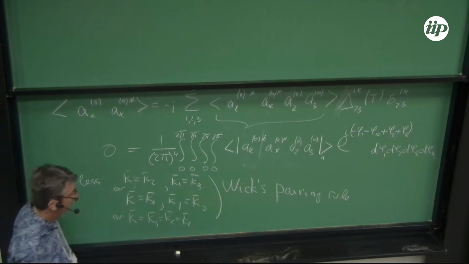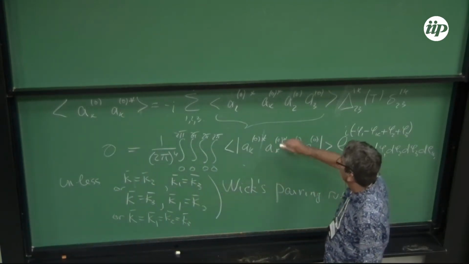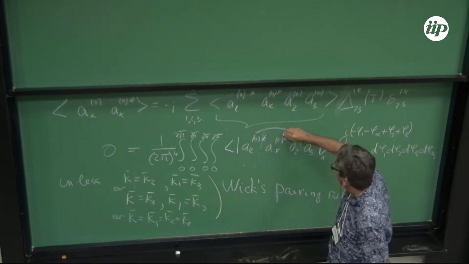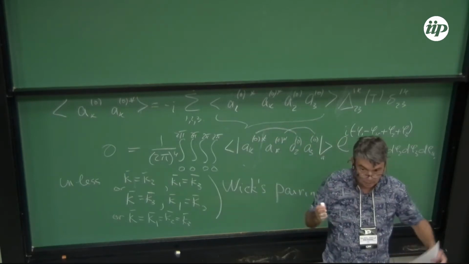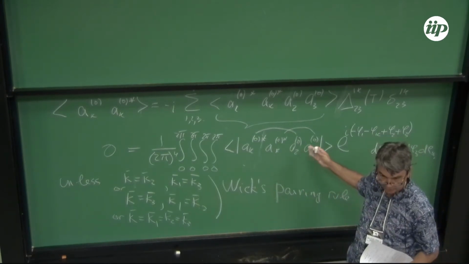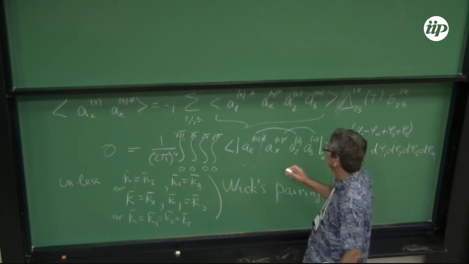Wick's pairing rule is saying that what we essentially did here schematically, right? We paired each complex conjugate amplitude with an unconjugated one, the original amplitude, pairwise, right?